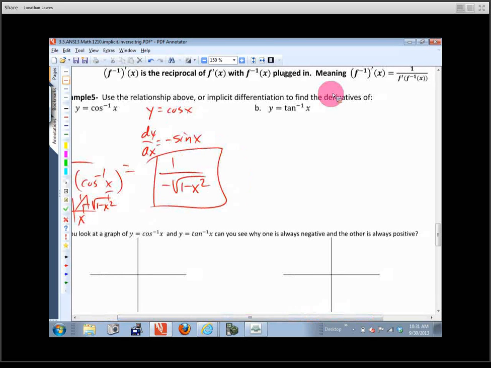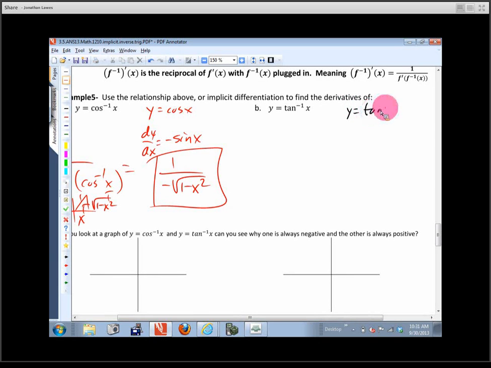Okay. Let's do the same thing for tangent. So the original function would have been tangent of x, which we know how to find the derivative. The derivative of tangent is the secant squared x, right? So if I want to find the derivative here, it's going to be 1 over the derivative of the original function, so that's going to be the secant of x squared.